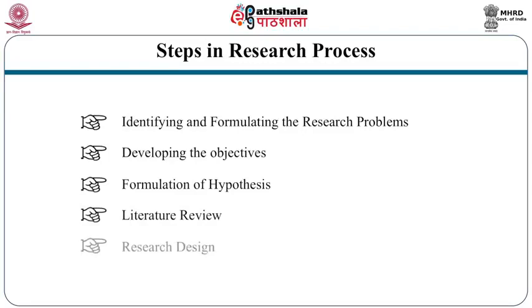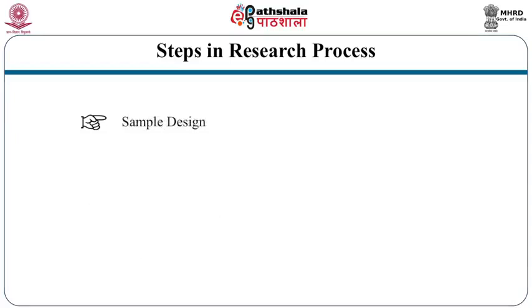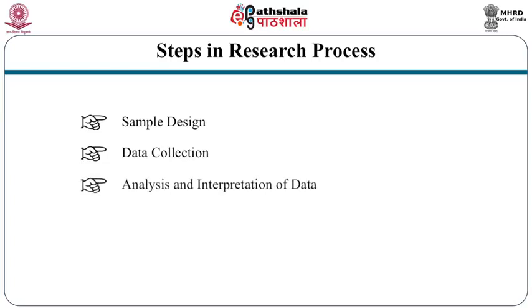The fifth, research design. The sixth, sample design. The seventh, the data collection, the methods and tools. The eighth, analysis and interpretation of data, and then writing the research report and writing your conclusions of research.